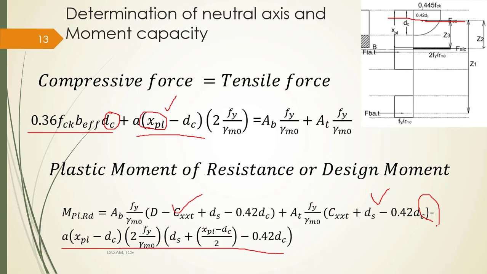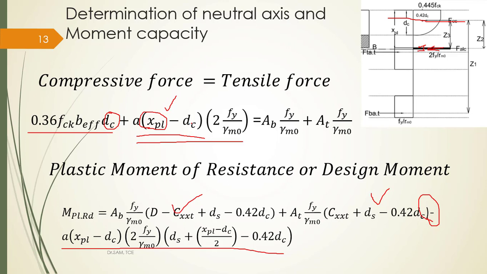This is the force of compressive steel into the lever arm. Lever arm means this compressive force will act at the center of this force. So from this center, this distance I already calculated as XPL minus DC, divided by 2, half distance, plus DS minus 0.42 DC.